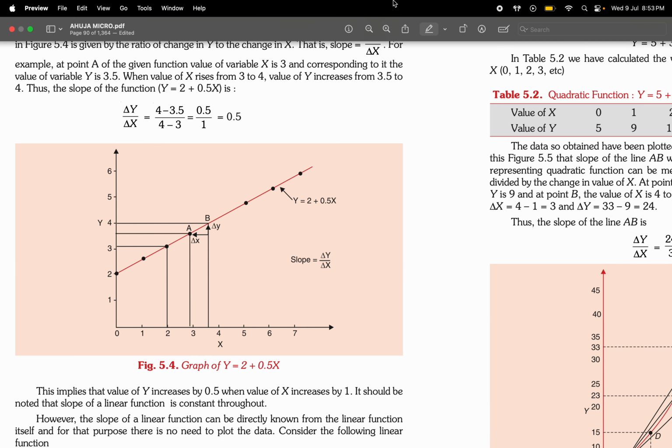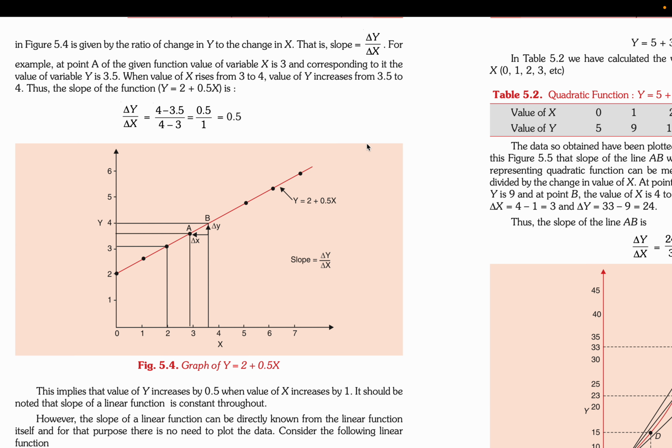We also determined this while calculating for the demand function, the change in p to the change in q. Similarly, the change in y to the change in x is the slope of this particular graph. So in between a and b, let's calculate for that.